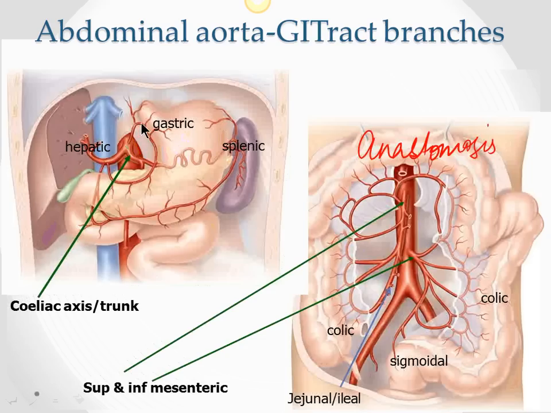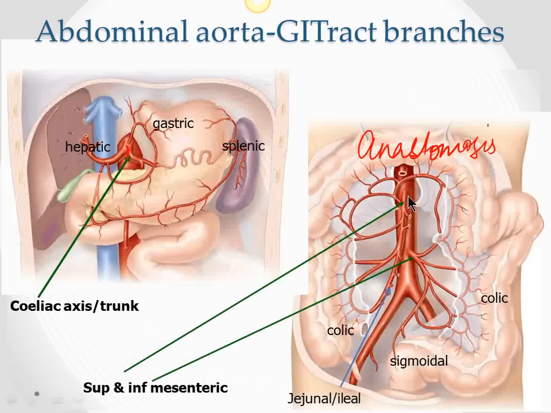It gives branches to the stomach, so those are called gastric. It gives branches to the liver, so those are called hepatic. It gives branches to the spleen, so that is called splenic. So these are some important branches of the celiac trunk.